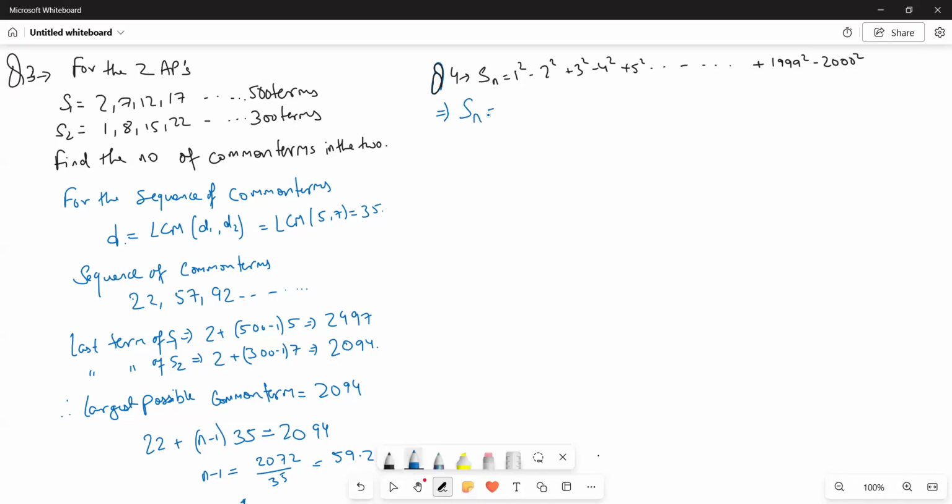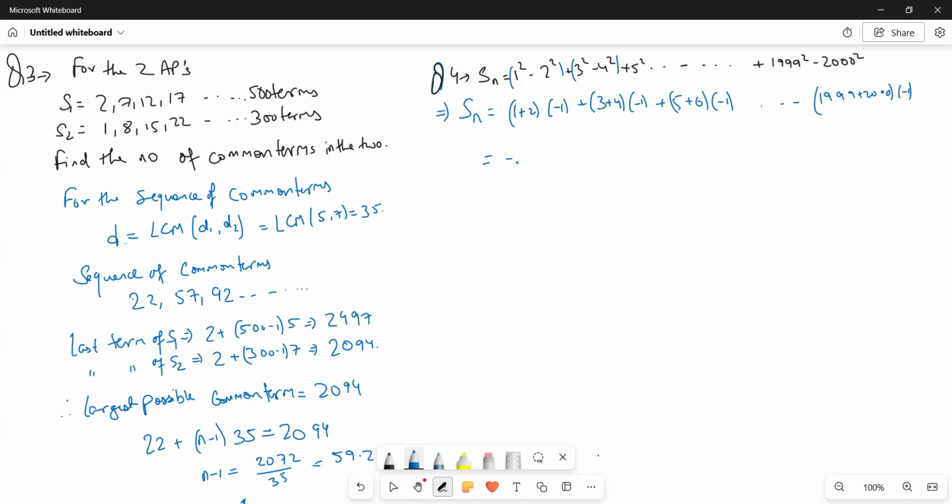We will take the odd numbers together and the even numbers together. So we do a square minus b square, pairwise for all of them. So this would be 1 plus 2 into minus 1, plus 3 plus 4 into minus 1, plus 5 plus 6 into minus 1, and so on and so forth, going up till 1999 plus 2000 into minus 1.